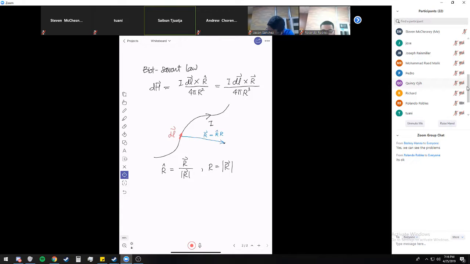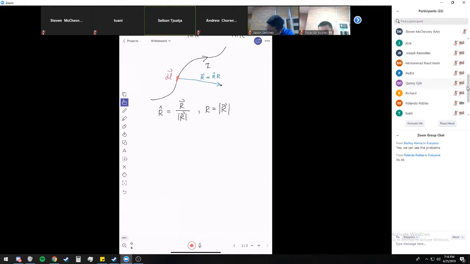So now if I look at what I had earlier, what is our problem? Our problem is that we have X, Y, and Z. This is our current right here. So this is the current flowing there.